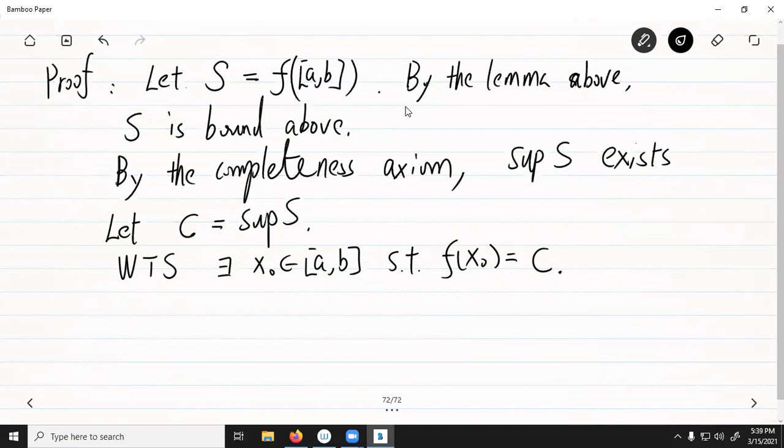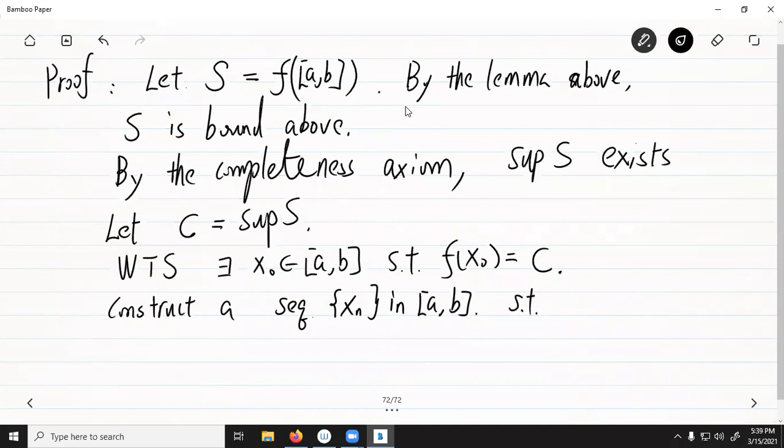So now let's construct a sequence. Let's construct a sequence Xn in [A, B] such that F of Xn is less than C. This is no problem, right?